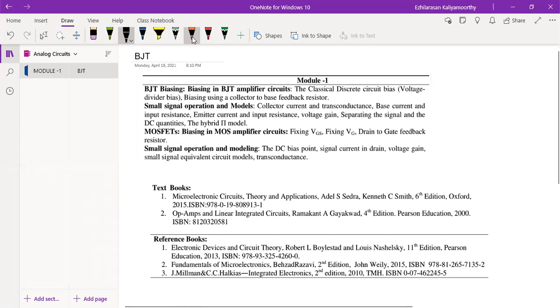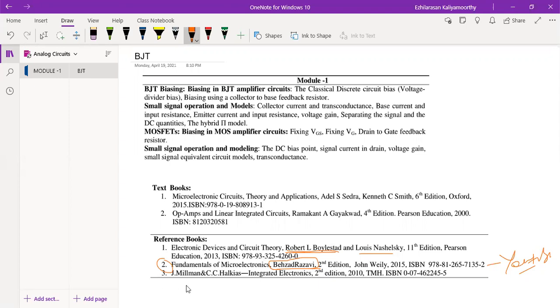If you want to study the basics and everything, I suggest Robert Boylestad's book. Another fantastic book is Fundamentals of Microelectronics by Behzad Razavi. This author's video lectures on this subject are also available on YouTube. It is a very good lecture, and you can learn so many things from Behzad Razavi on YouTube.